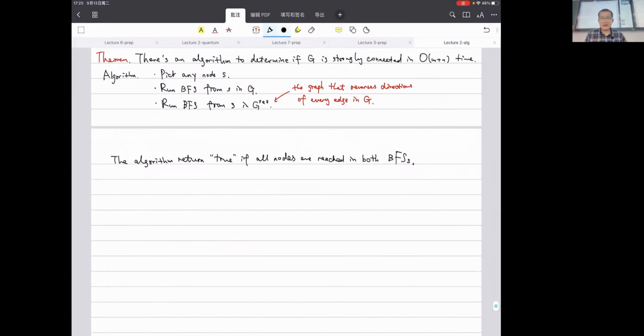So the correctness and also the time analysis, the time complexity of big O of m plus n, follow directly from the fact that we use BFS here.